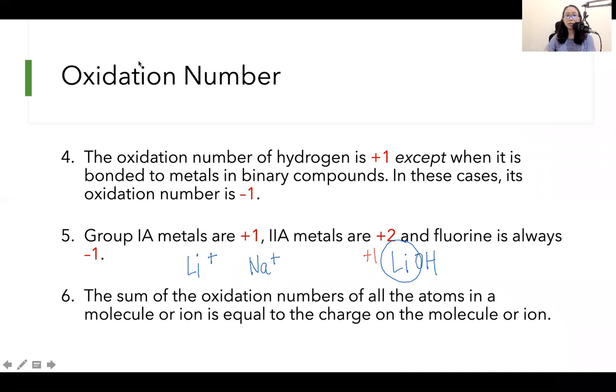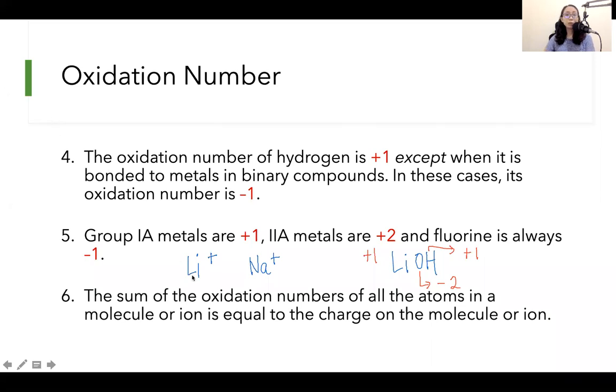Actually, we can continue assigning oxidation numbers for this compound. Through rule number 3, we know that oxygen here has an oxidation number of negative 2. And by rule number 4, we know that hydrogen has an oxidation number of positive 1.